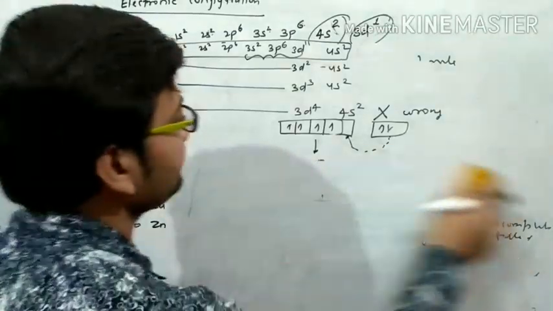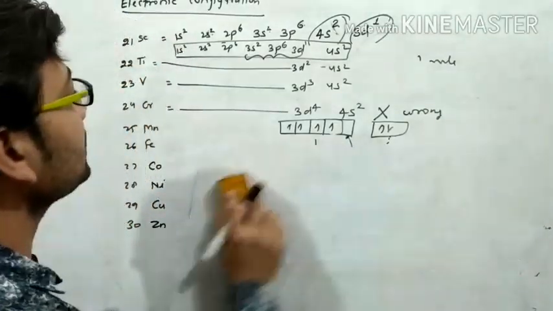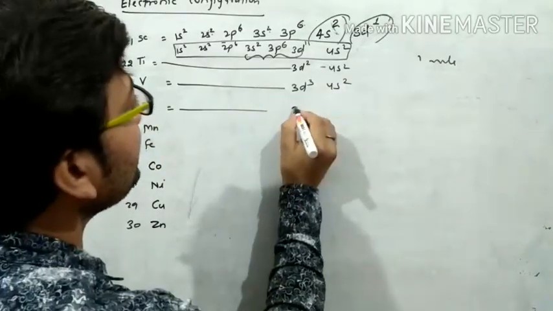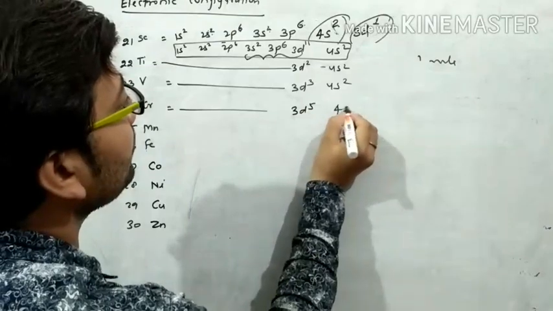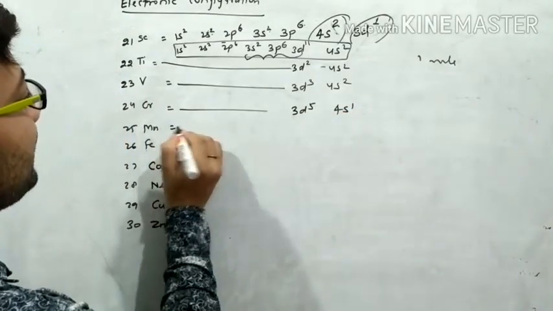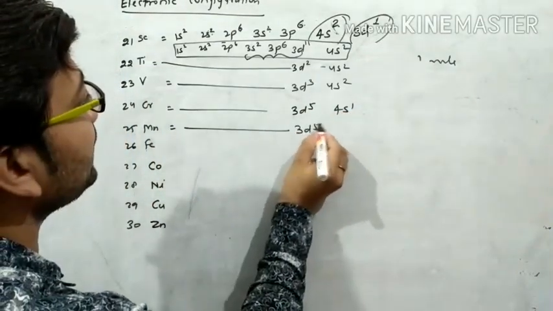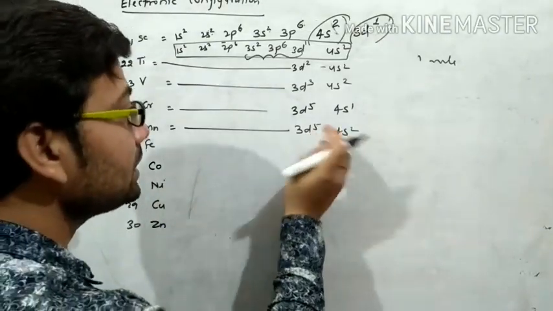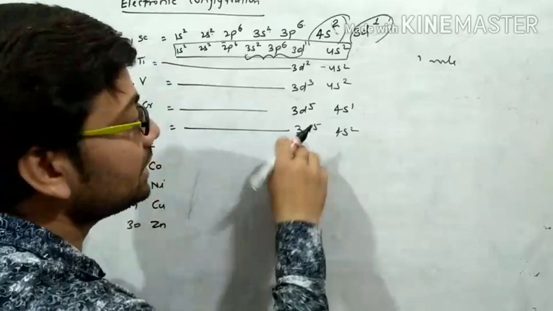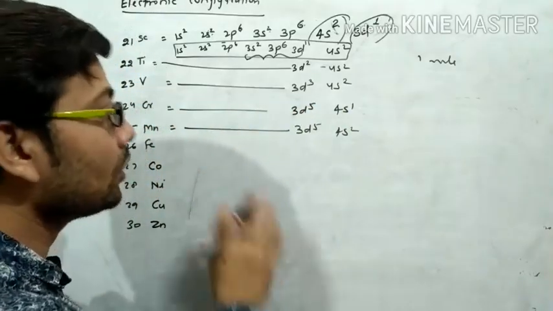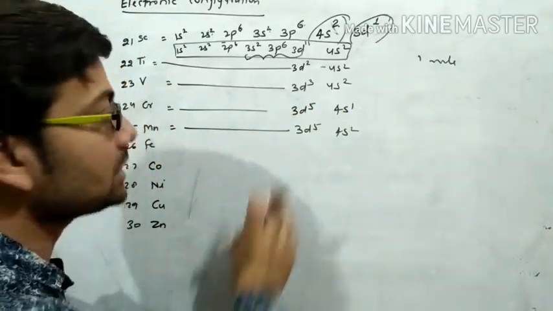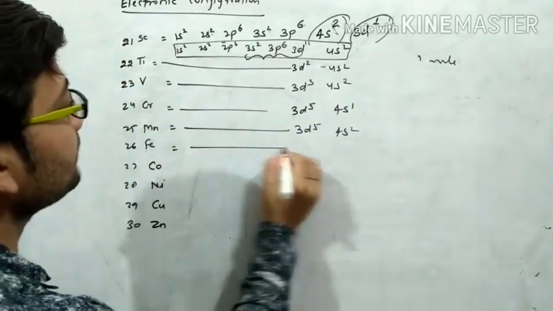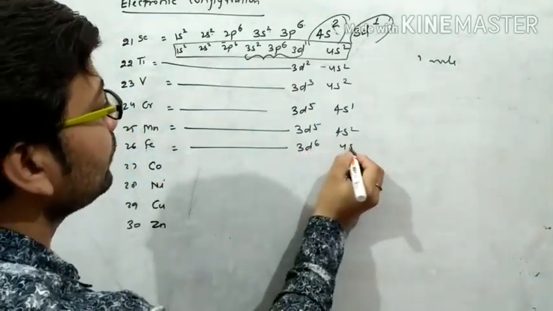So the correct electronic configuration of chromium is 3d5 and 4s1. In the case of manganese, that is 3d5 4s2. If it got 6 electrons, then it would not get the extra stability. That's why the electron is transferred into the 4s subshell. In this case 3d6 4s2.